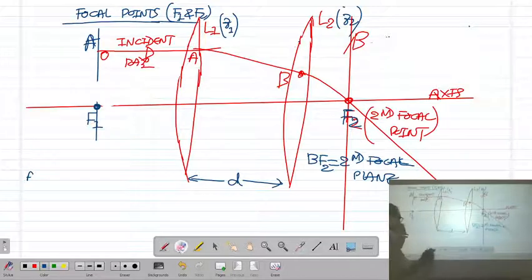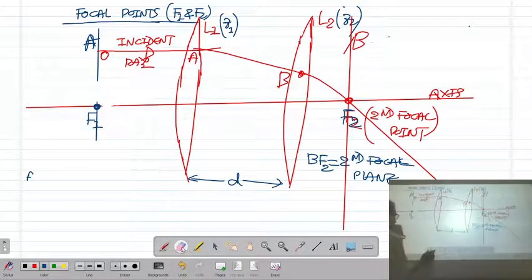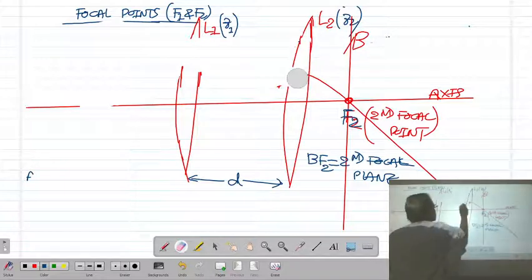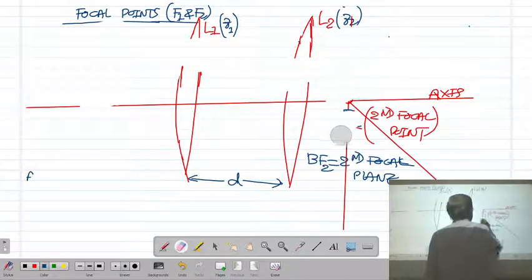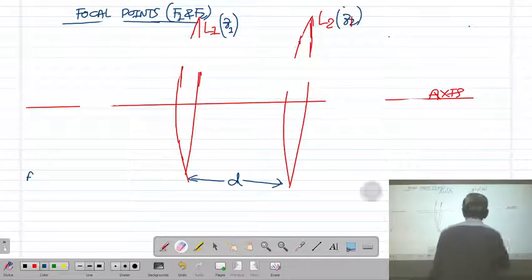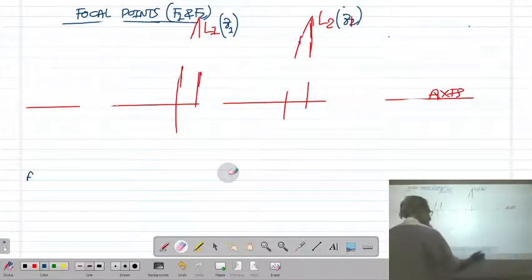Okay, now we quickly see the properties of principal points.